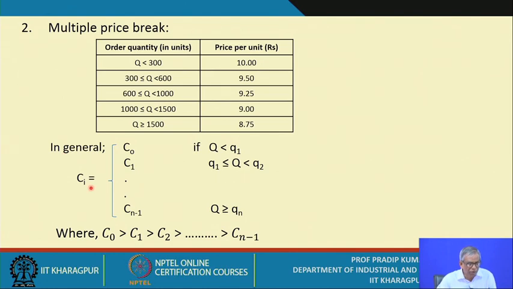So, in general for the ith item, the unit price is C0 if Q is less than Q1.